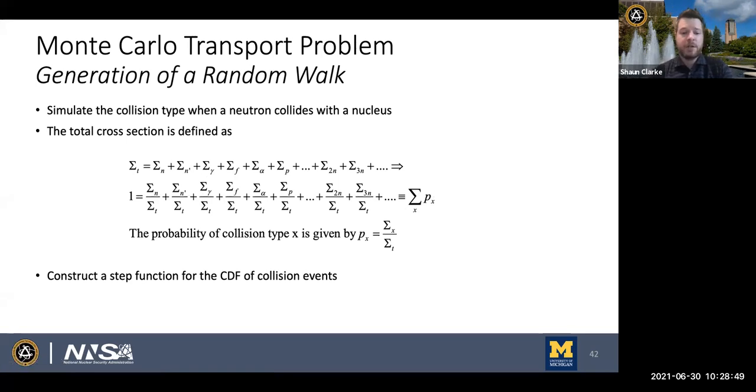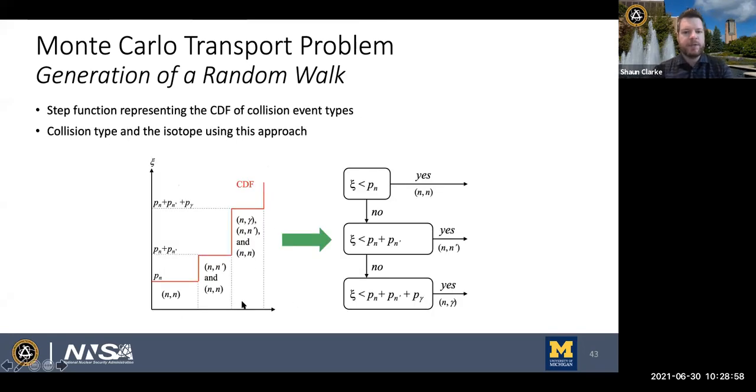So once we have this normalized discrete PDF, we can create kind of like a step function, exactly like we talked about yesterday with the dice example. So it looks kind of like this. This is a simplification of just the first few reaction types, but this is the probability here on the y-axis. So the first one, the probability of the (n,n) reaction, is just P_nn. Make a CDF out of that. So the probability of P_nn or P_nn' occurring is the sum of those two partials.